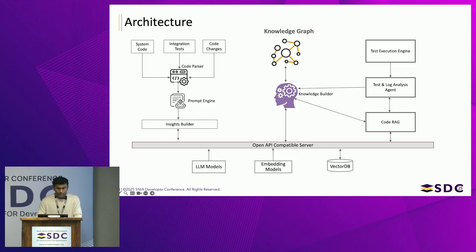Now, the next stage is the knowledge graph. Now, I have the code processed. The code is there. The additional insights are there. Now, how is this code playing a role in a functional test? So that's where the knowledge graph building comes into the picture.